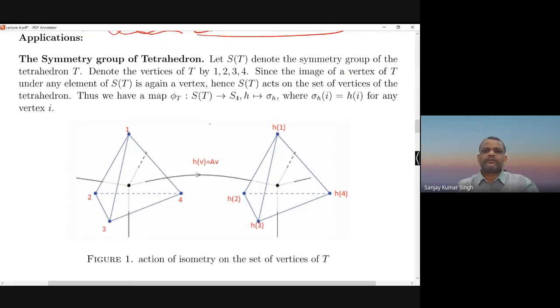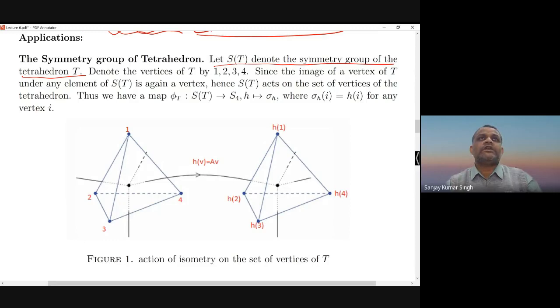Let's see. Let S_T denote the symmetry group of the tetrahedron, and the tetrahedron is this object. It is an object in R^3 which has 6 edges, all edges are the same, and it has 4 faces, and all 4 faces are equilateral triangles.